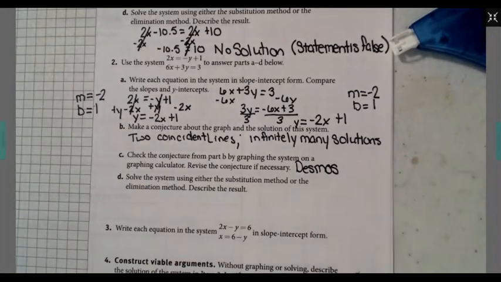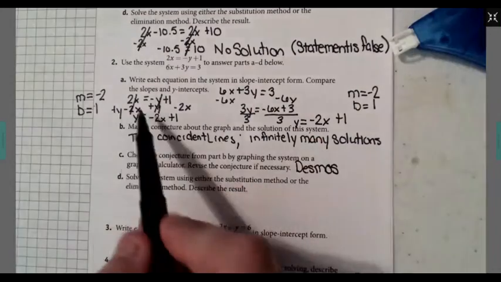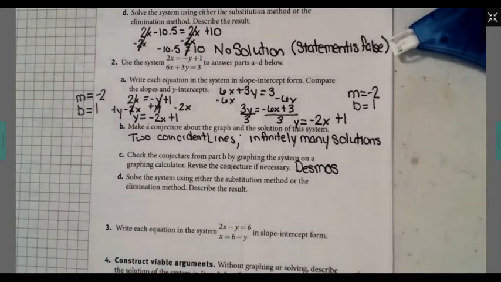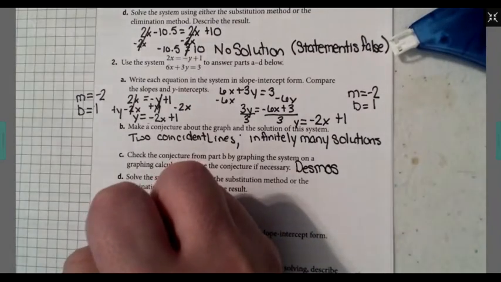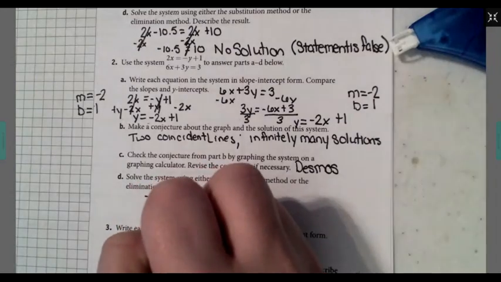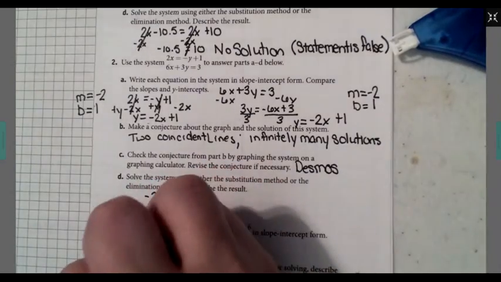It says solve the system using either substitution or elimination and describe your result. Well, because I've already solved them for y, we've got y equals this, y equals this. Let's just set those two y equals to each other. So I've got negative 2x plus 1 equals negative 2x plus 1.